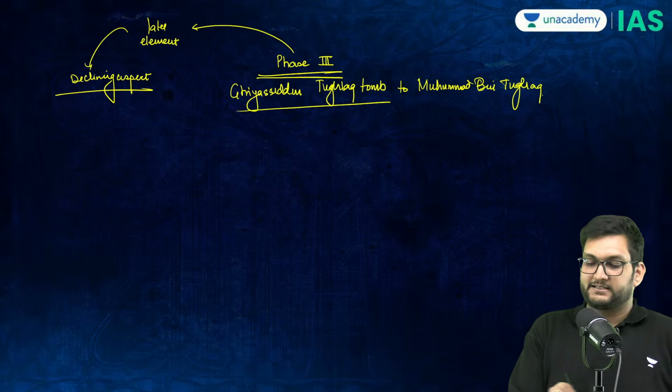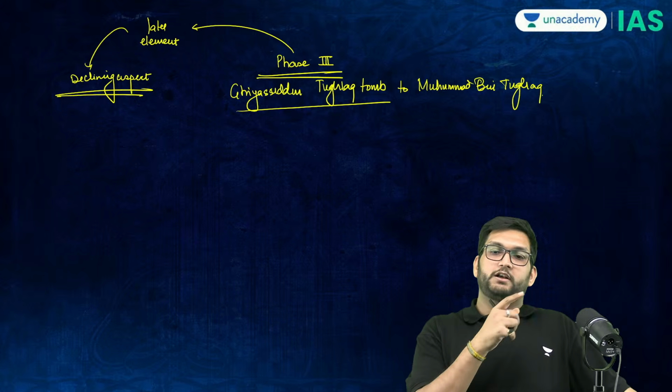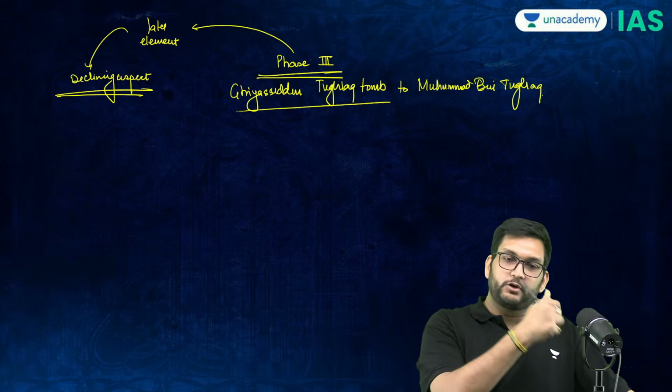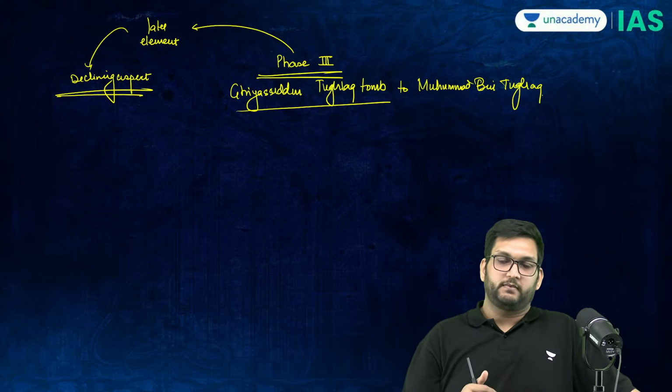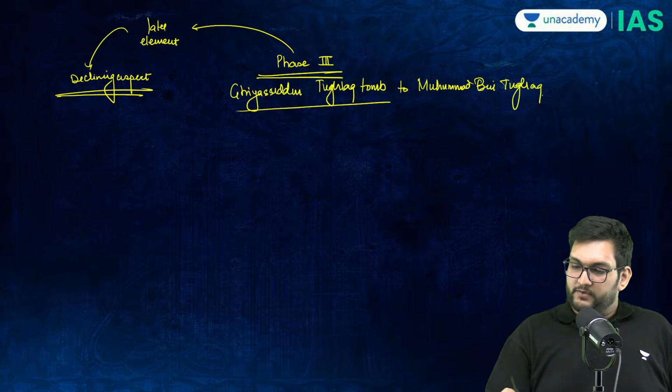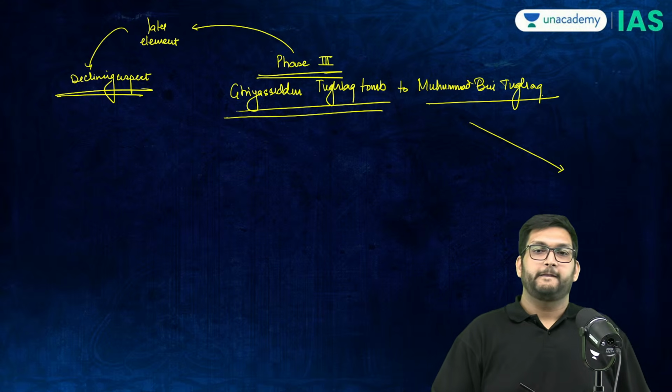That is why architecture is studied as an element for understanding political history, art and culture, and economy also. So from Ghiyasuddin Tughlaq to Muhammad bin Tughlaq, we will see a pure decline coming through.